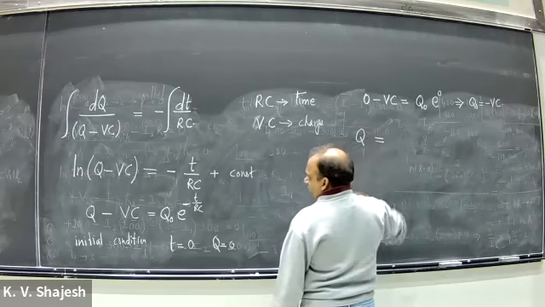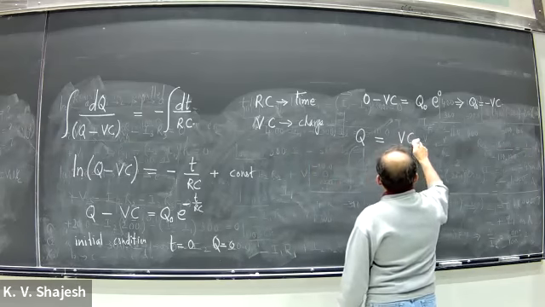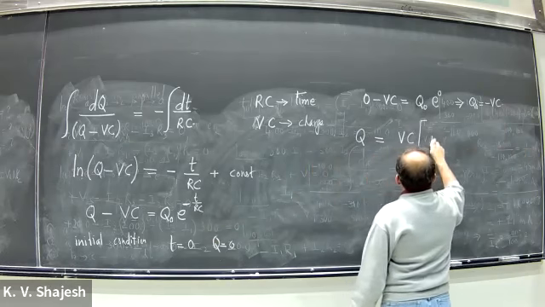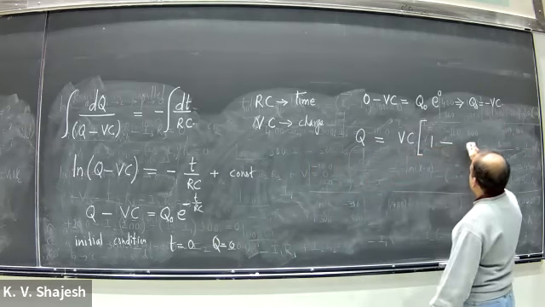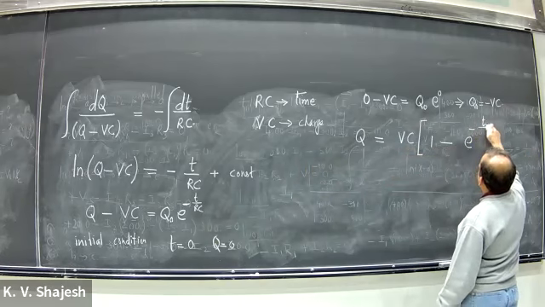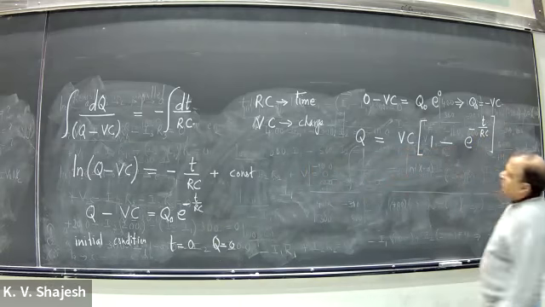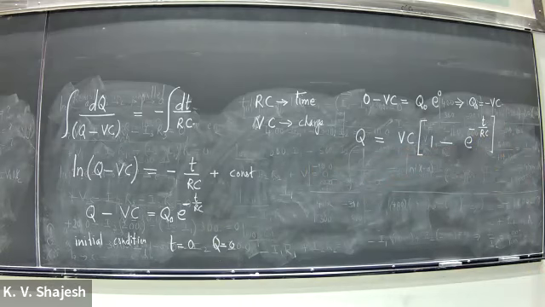Charge as a function of time is equal to VC times 1 minus exponential of minus t over RC. That's the growth of charge on the capacitor.